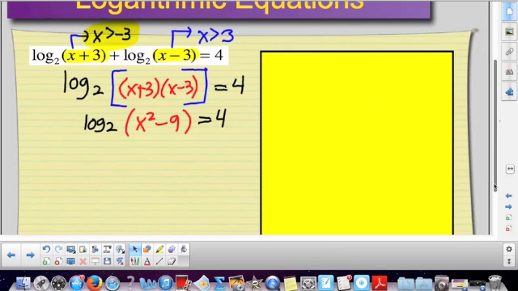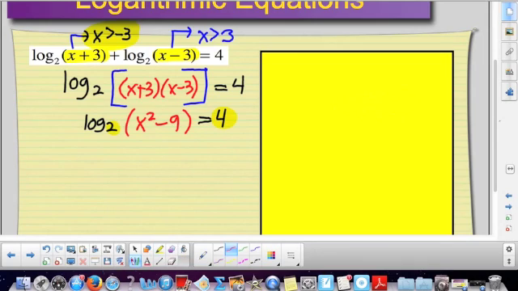If I have a log on one side and not the other, and now I want to get rid of the logarithm, I can't just take the log of both sides because then I would be doubling this. It wouldn't be balanced. So I want to get rid of that logarithm. How do I do that? Based on the first rule you learned. Yes. You're taking the base of your logarithm, and you're raising it to this number on the right-hand side of the equation.